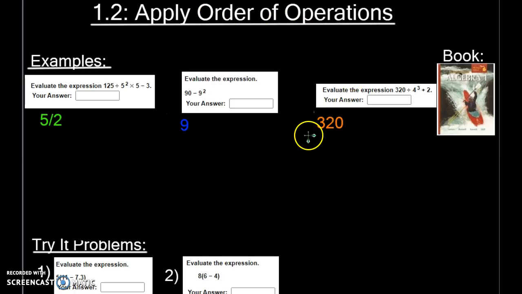So this would be 320 over 4 cubed plus 2. So 4 cubed is equal to 16 times 4, which is 64. So the answer would be 320 over 64 plus 2.